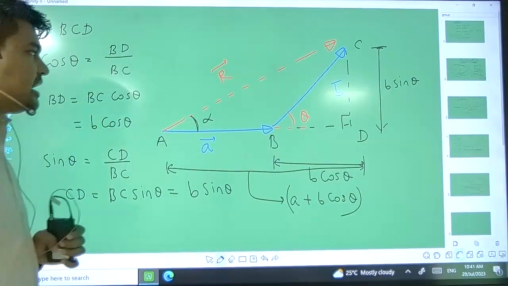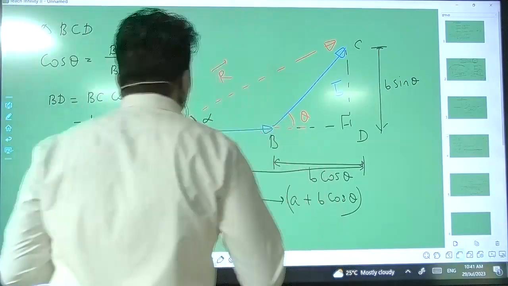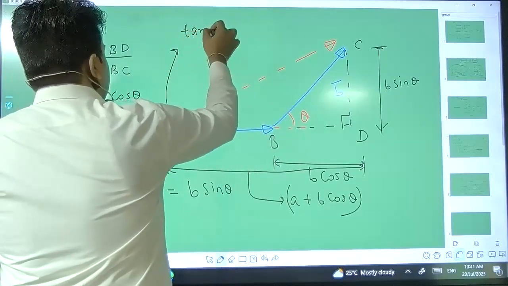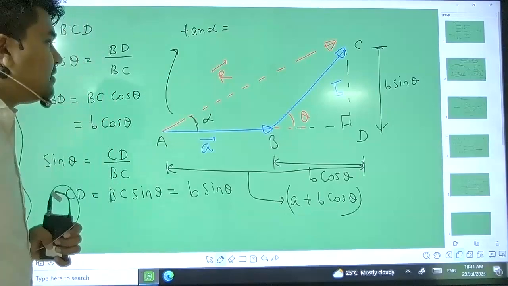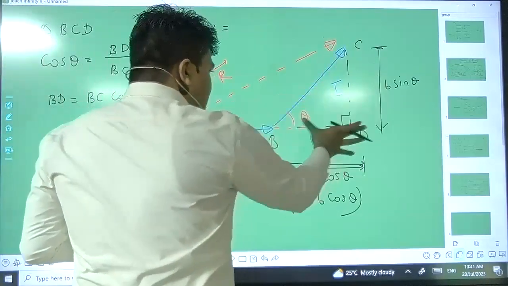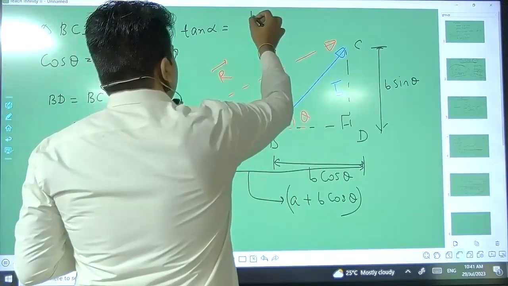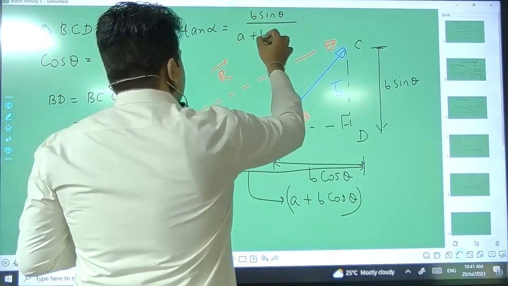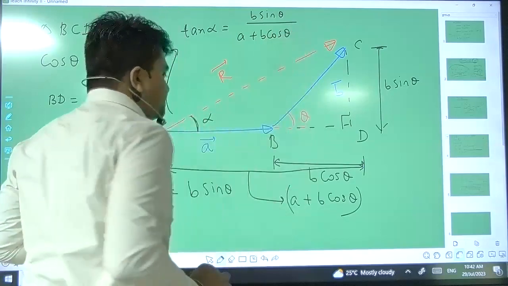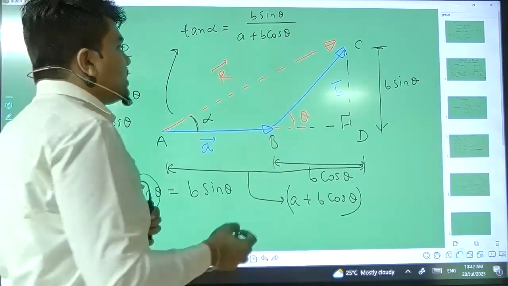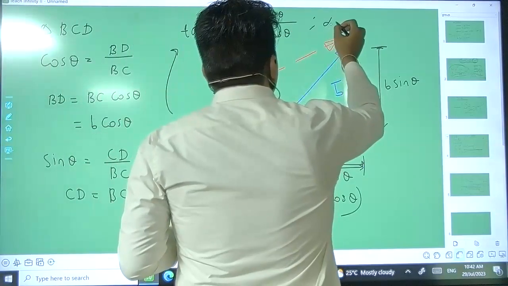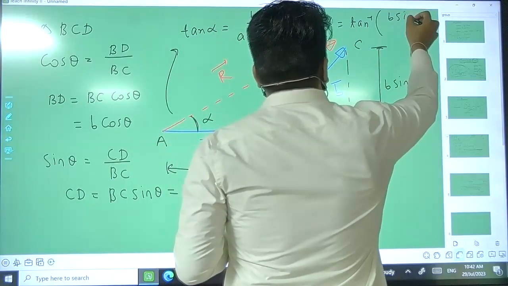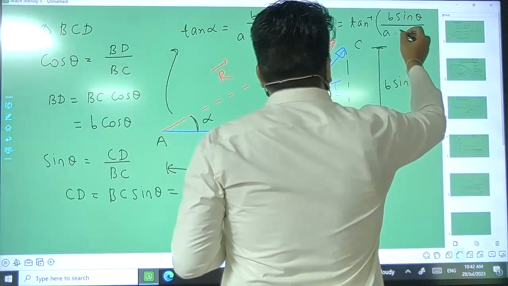Here you can see that tan alpha equals perpendicular upon base, that is B sin theta divided by A plus B cos theta. Correct? Or you can say that alpha equals tan inverse of B sin theta divided by A plus B cos theta.